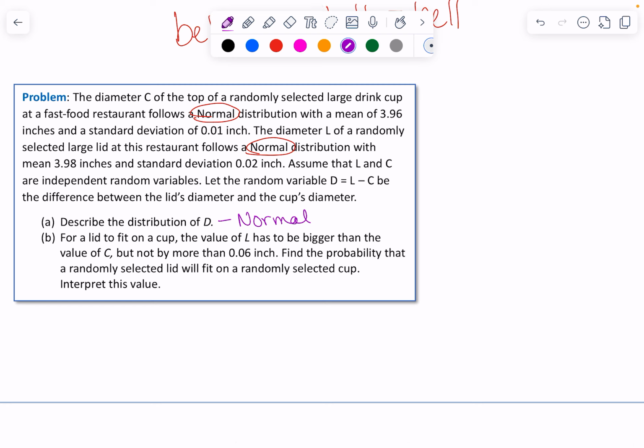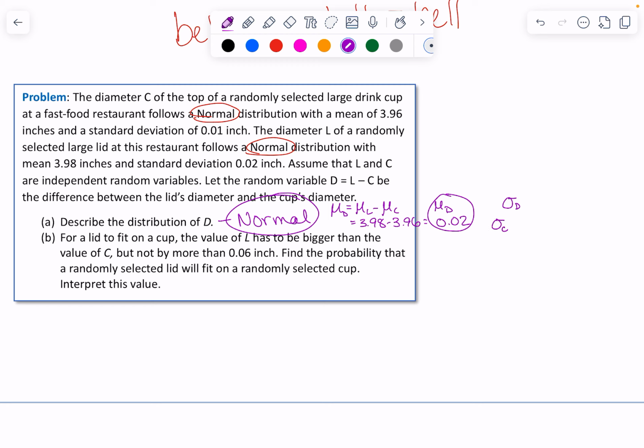The center, the mean, is going to just be the mean of the lid minus the mean of the cup. 3.98 minus 3.96, so 0.02 is going to be our new mean. So it's normal shape, the mean is 0.02.